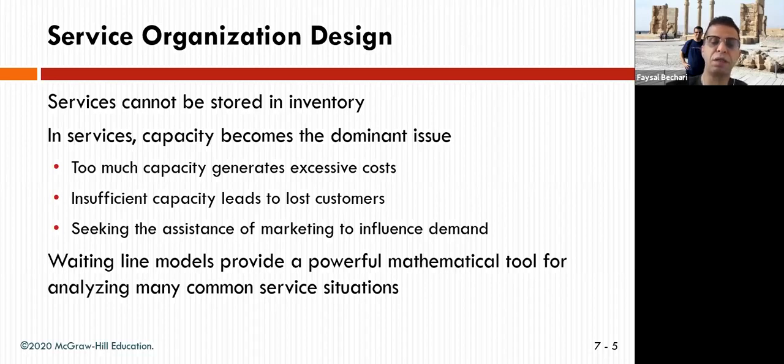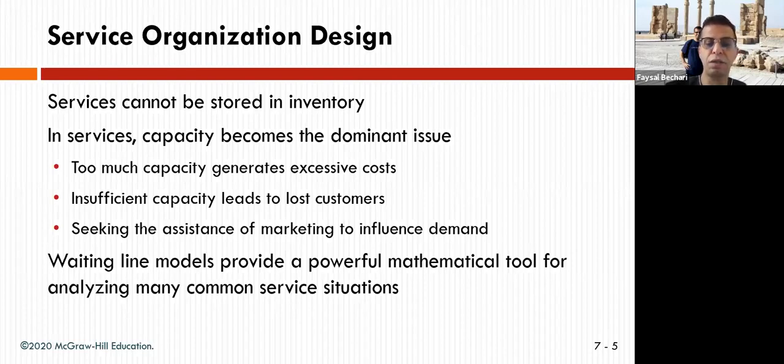So the capacity. Now, too much capacity generates excessive cost. For example, if you have 10 people waiting there to provide service, and every hour somebody shows up and takes 5 minutes, then this is an excessive cost.